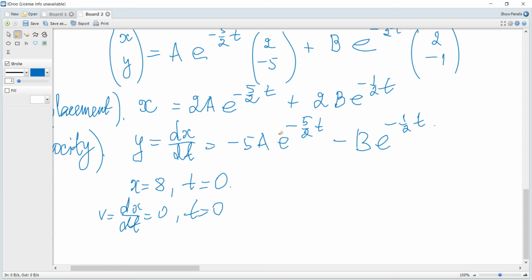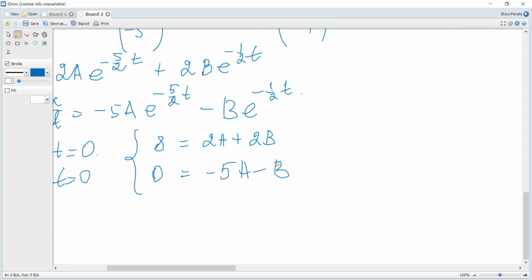So when t is 0, e to the power 0 is 1, so 8 is 2A plus 2B, and for velocity, 0 is negative 5A minus B. Now we solve for A and B.